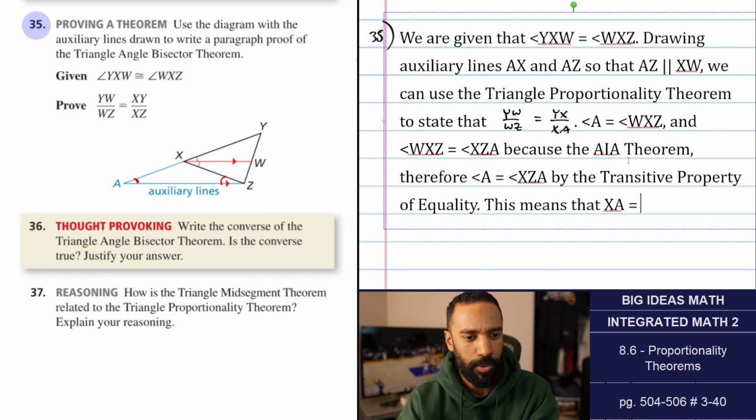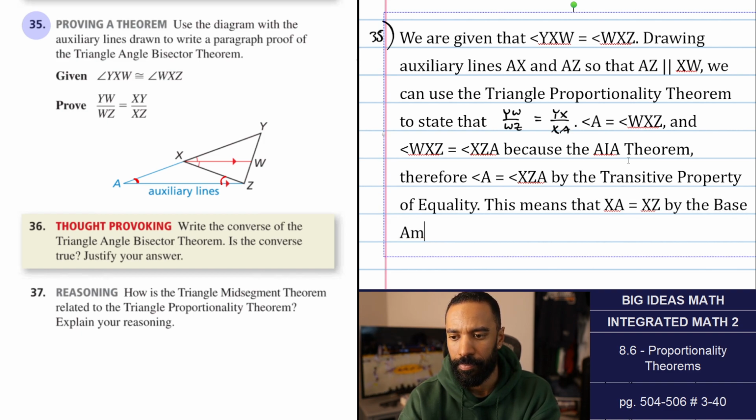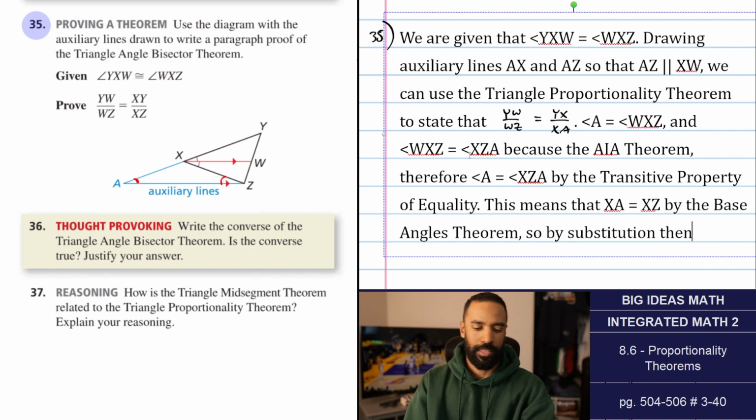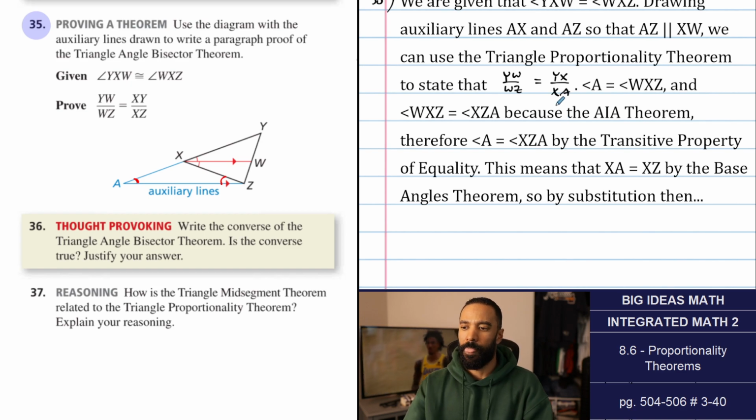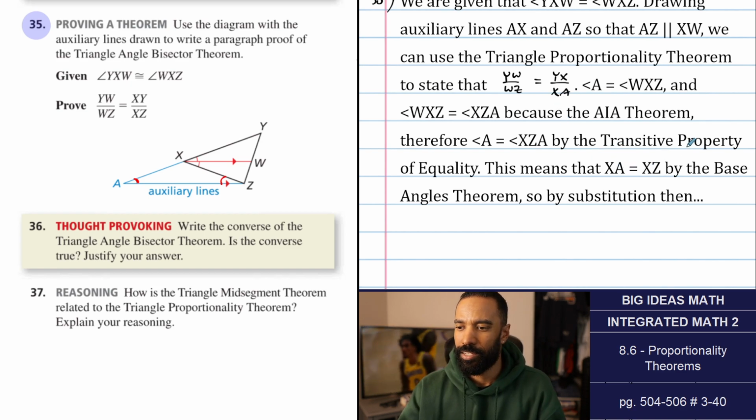Yep, XA is equal to XZ by the base angles theorem of isosceles triangles, basically. So by substitution, then, and then the final concluding statement. So I'm going to substitute XA. I'll keep that as an equals.